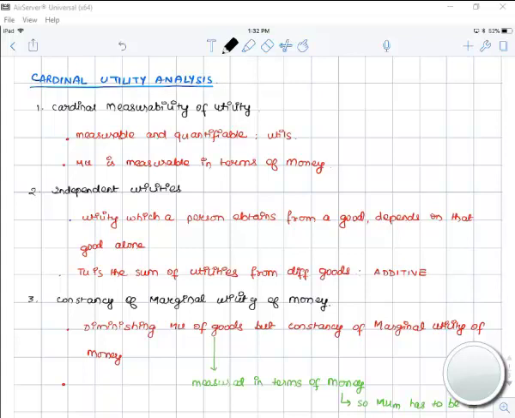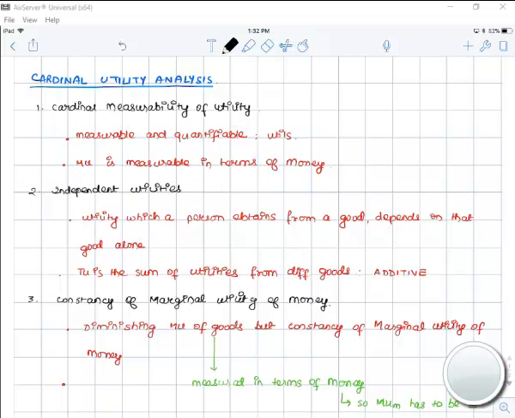Independent utilities would mean that all of these goods are giving you utilities separately. For example, pen gives me 5 utils, laptop gives me 100 utils, phone gives me 200 utils, and so on and so forth. So whatever utility the phone is giving me is not dependent upon the utility which I derive from the pen. These are independent utilities. This is what is meant by independent utility.